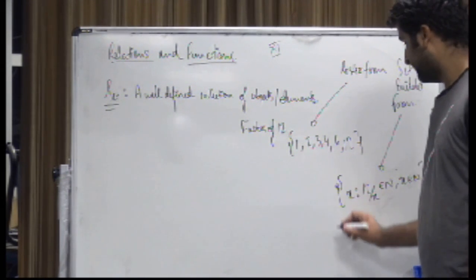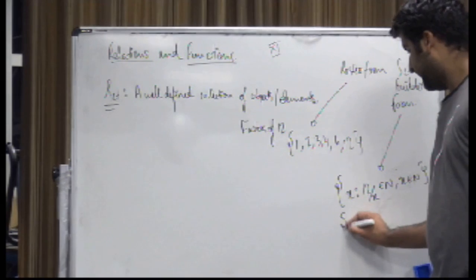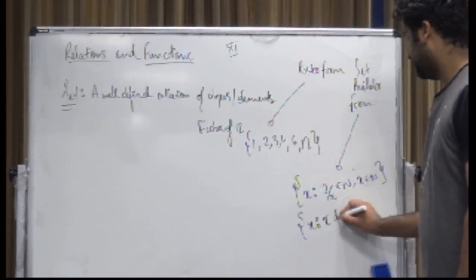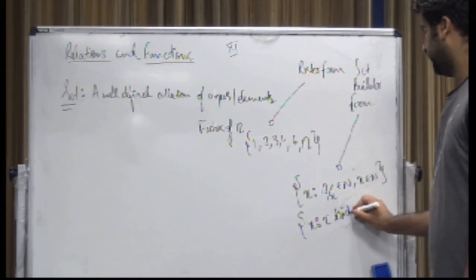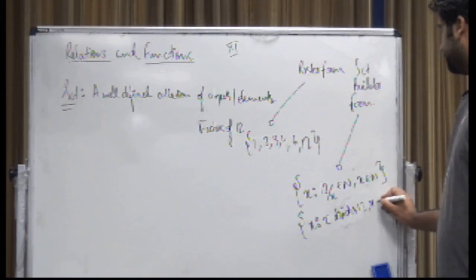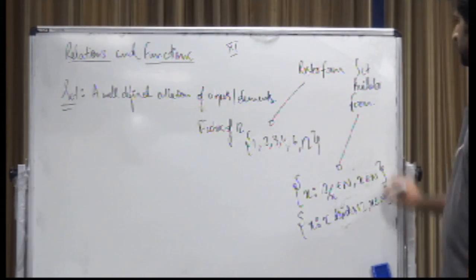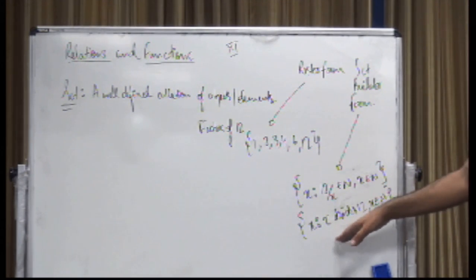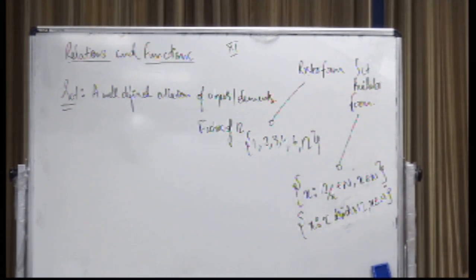Or we can say x such that x divides 12, x being a natural number. So these two are representations in set builder form. You can also write it like this: x divides 12 such that x belongs to N.